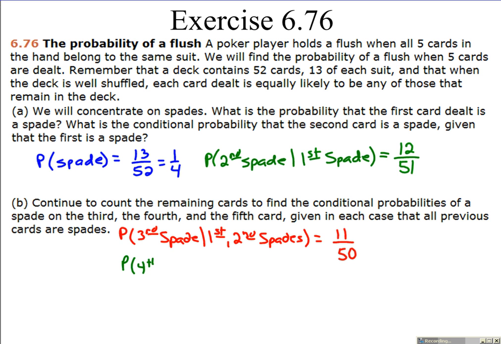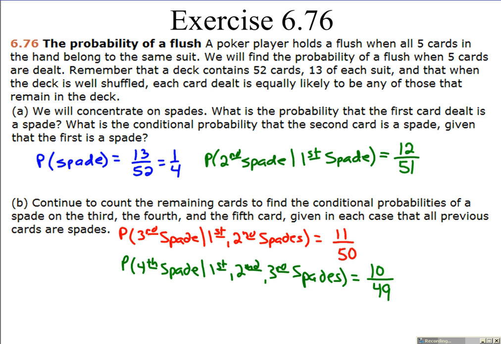Probability of a fourth spade given that the first, second, and third were all spades. 1 less spade again, we're down to 10. 1 less card, down to 49 cards.